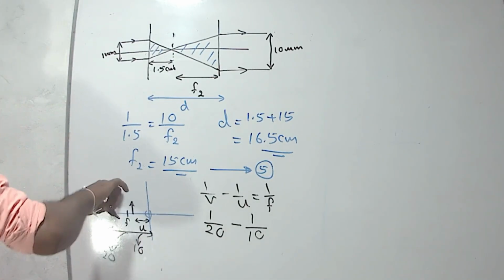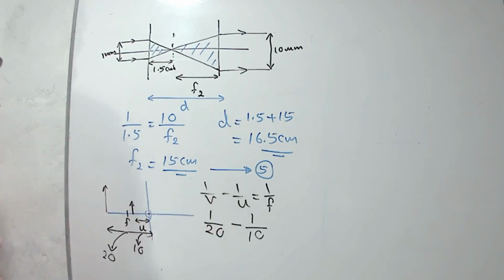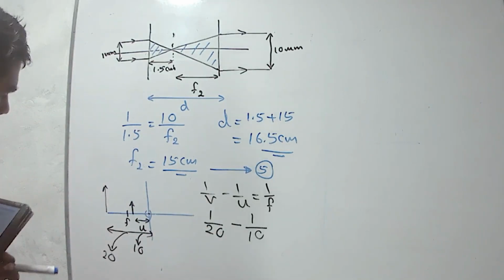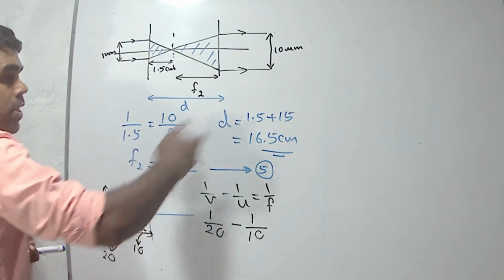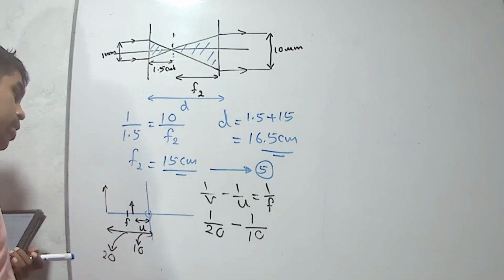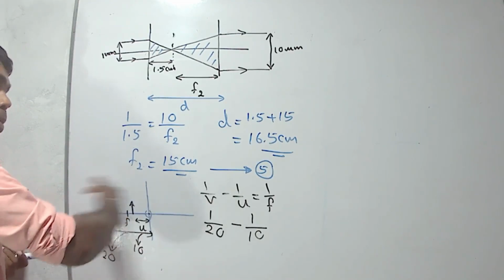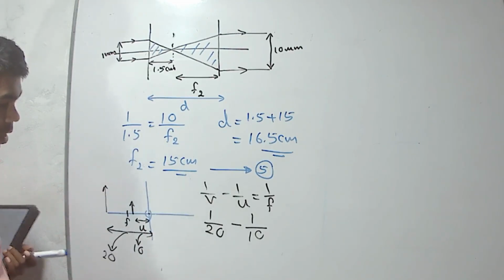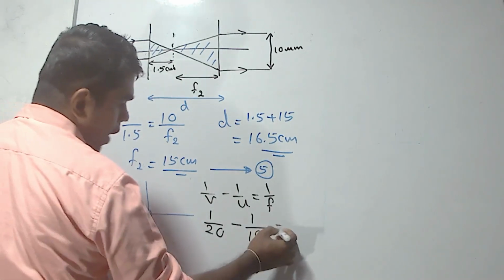We have to measure all distances from the pole along the main axis, and distances towards the light rays should be minus, opposite to the light rays plus. Therefore, both values are plus. We have to find the f value.